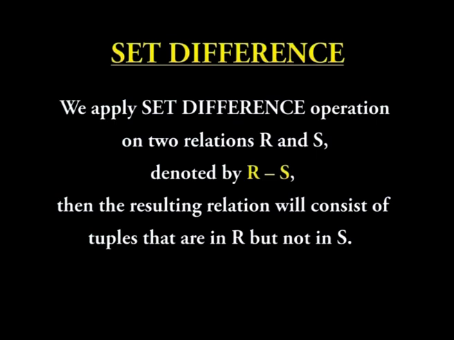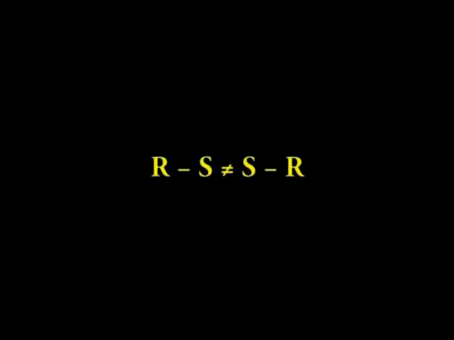That is, suppose we apply the set difference operation on two relations R and S denoted by R minus S. Then the resulting relation will consist of tuples that are in capital R, but not in capital S. Hence, both the relations must be union compatible. And it must be noted that R minus S is not the same as S minus R. This operation allows deletion of tuples from a relation.